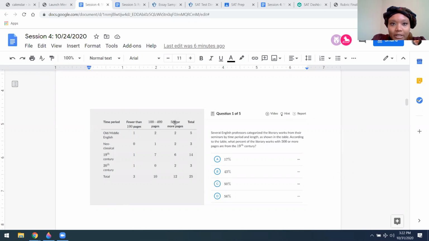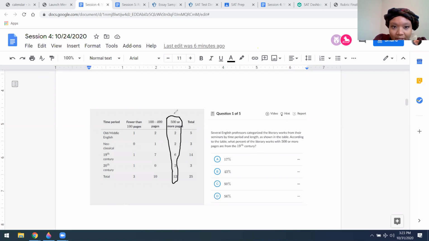So really all that we needed, let me use my little annotation now that I have it. All that we needed to focus on, like BR said, pardon my terrible drawing, that looks awful, but we're just focusing on that column. And specifically from that column, we're just focusing on what percent of the literary works with 500 or more pages.